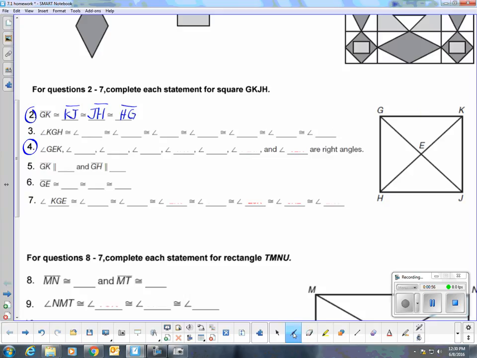And number 4, we're looking at angle GEK. GEK is this angle, and because a square has diagonals that are perpendicular, all 4 of these angles are congruent to each other, and all 4 are 90 degrees.